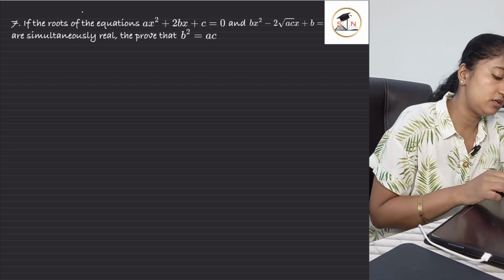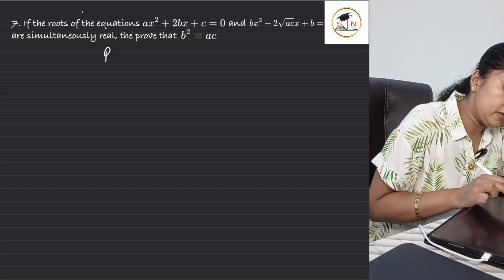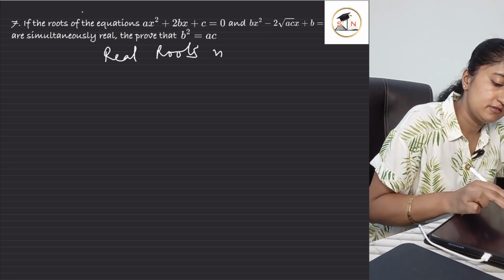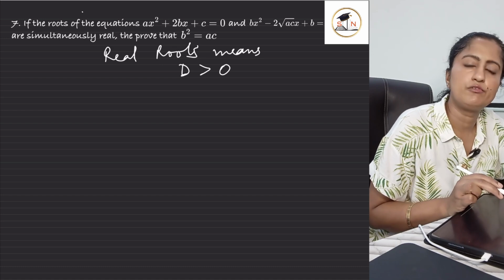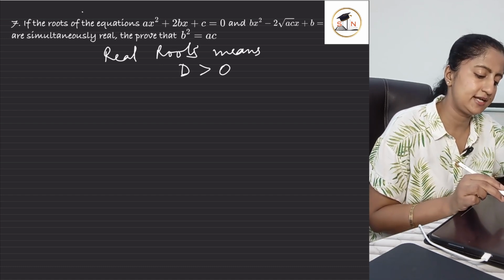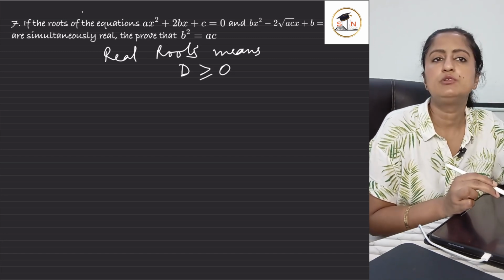So let's start doing it. Real roots means d is supposed to be greater than 0, right? They have just said real. They didn't say anything about distinct, so I'd say d is greater than or equal to 0.